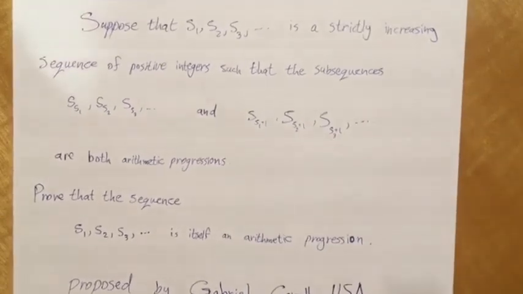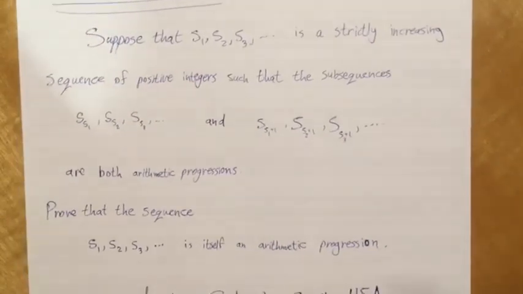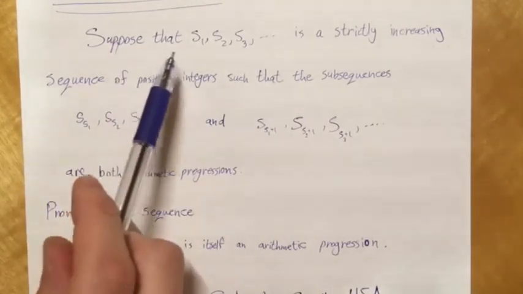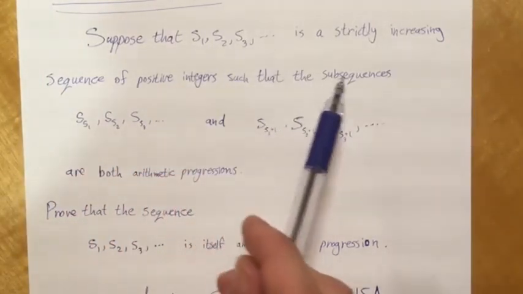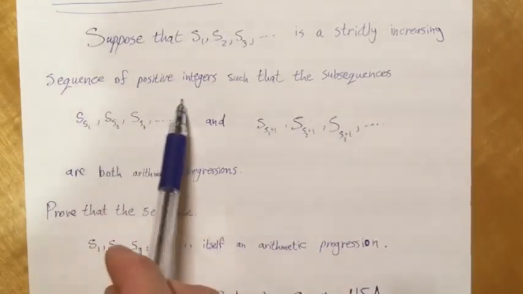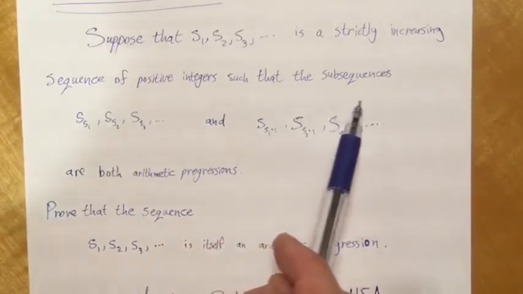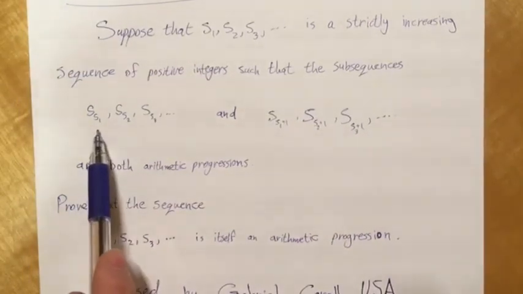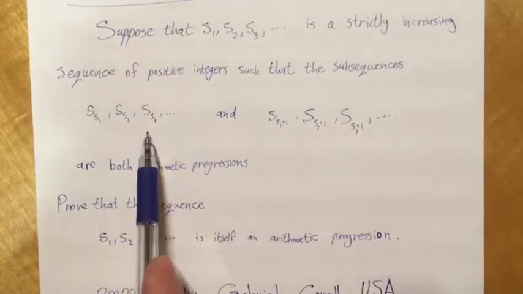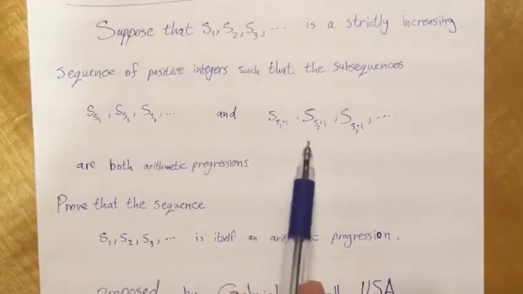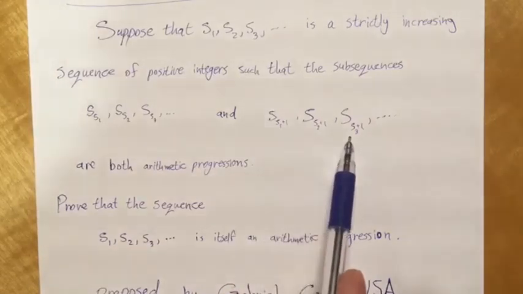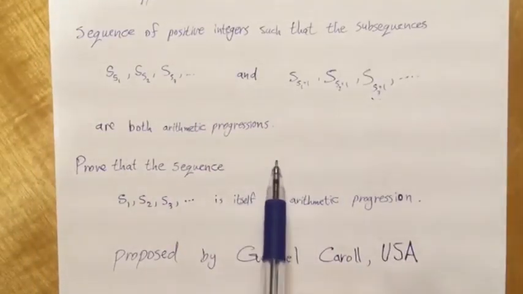So let's have a look at this problem and see how we can possibly tackle it. So the problem says, suppose that S1, S2, S3, and so forth is a strictly increasing sequence of positive integers, such that the subsequences S(S1), S(S2), S(S3), and so forth, as well as the subsequence S(S1)+1, S(S2)+1, S(S3)+1, and so forth, are both arithmetic progressions.